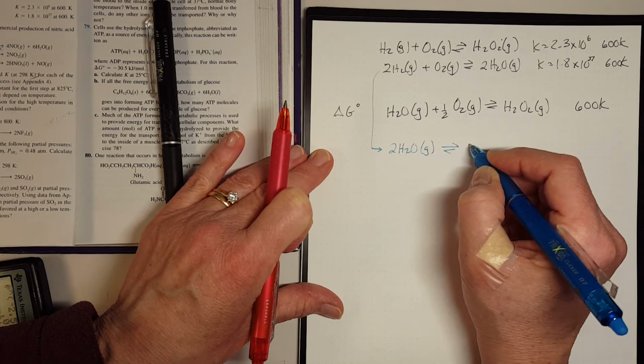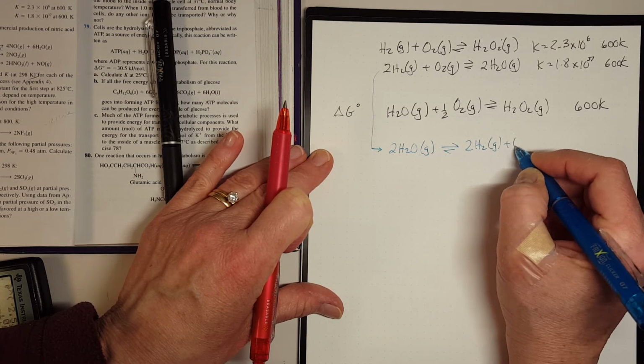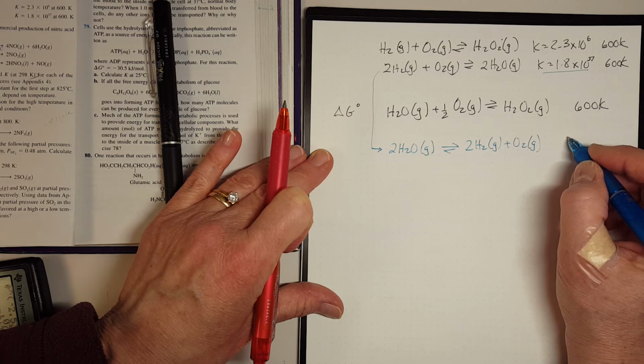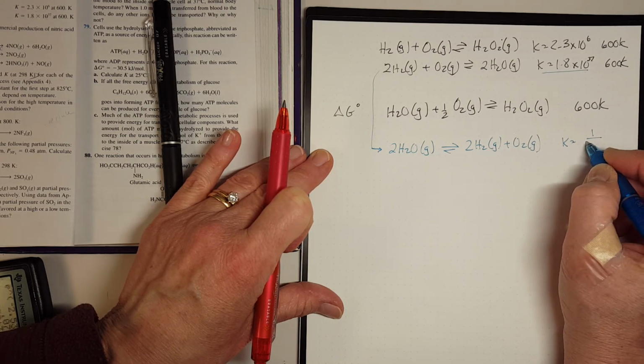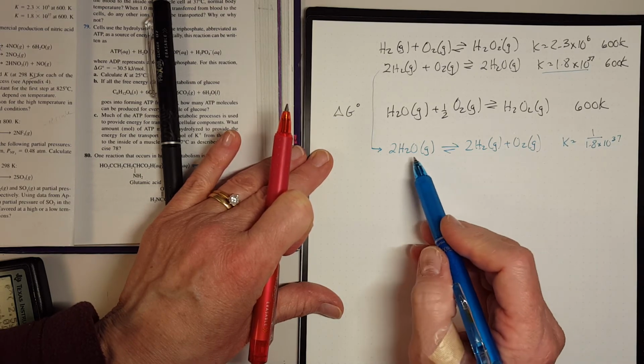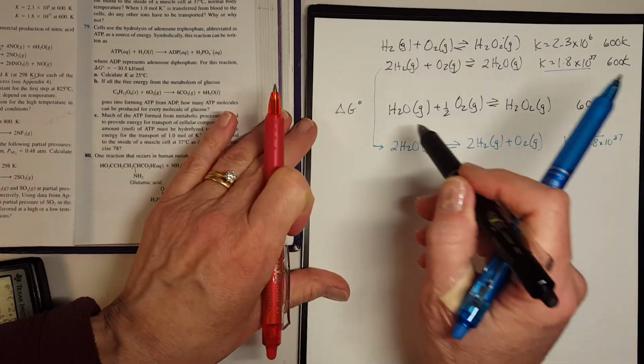When I reverse it, I get 2H2O in equilibrium with 2H2 gas and O2 gas. Now, when I reverse, I take the reciprocal of the K. So my K for this is 1 over 1.8 times 10 to the 37. Now, I only want one H2O when I end up, right? Because this is the equation I'm trying to get.